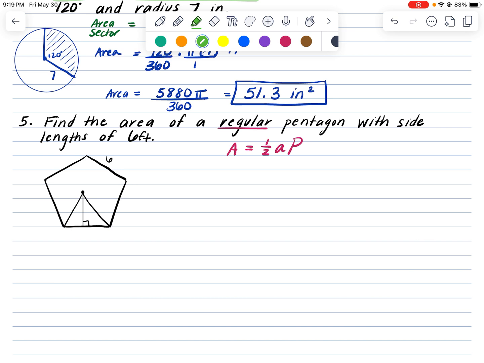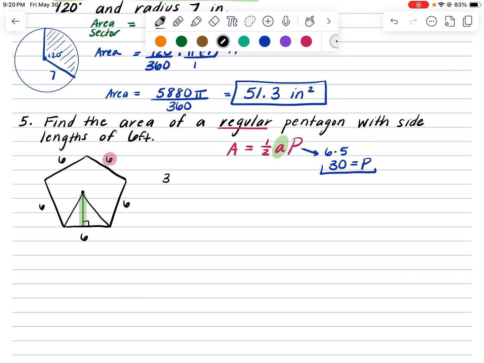If you're given the side length, you know the perimeter, because each side is 6. And so my perimeter is 6 times 5, which is 30. So I know my perimeter is 30. What I don't know anything about right now is the apothem. And my apothem, remember, goes straight down. So that's what I need to deal with right now.